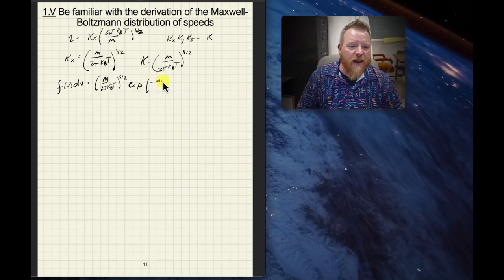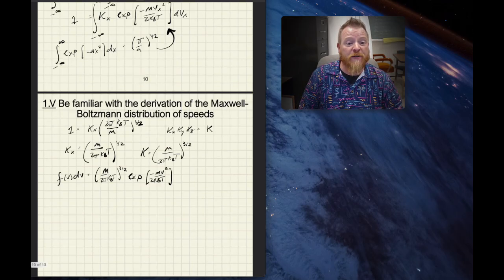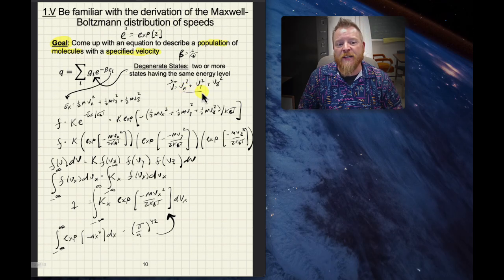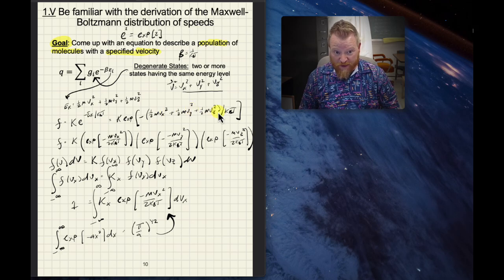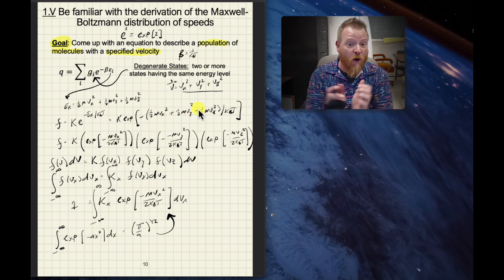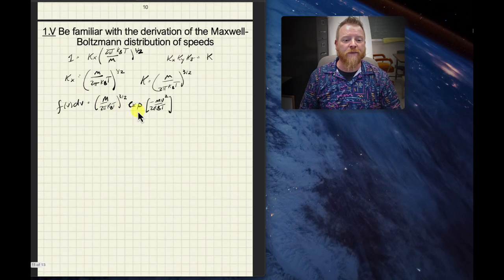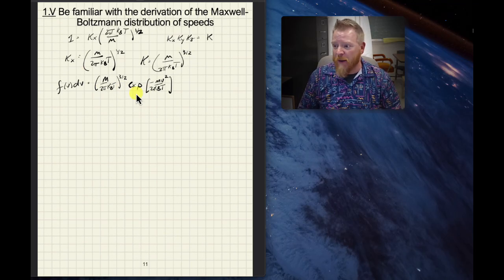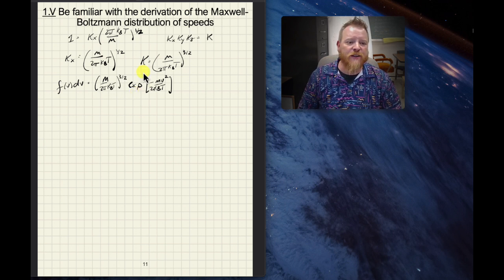I'm going to write negative m v squared all over 2 kbt. Where now recall my v squared is just vx squared plus vy squared plus vz squared. So I could plug these all back into this exponential, and then they will all collapse into one single exponential using the properties of exponentials. And of course, that is still going to be multiplied by dv.